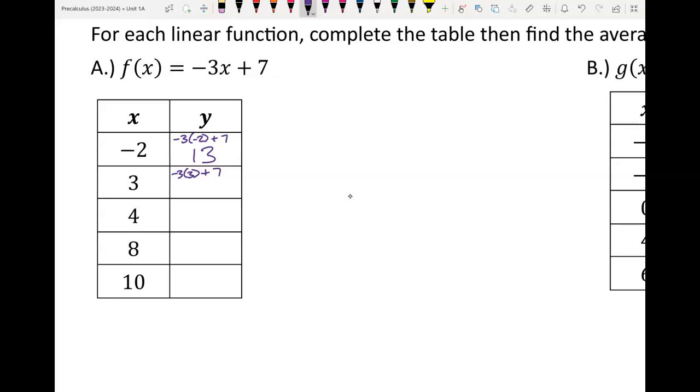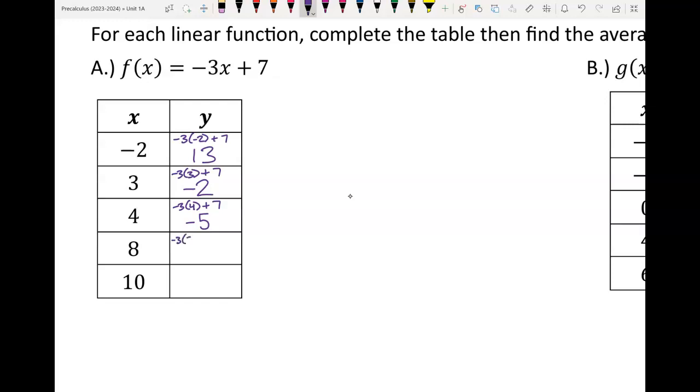Plus 7? Negative 2. All right, negative 3 times 4 plus 7. What's negative 3 times 4? Negative 12 plus 7 is? Negative 5. 12 minus 7 is 5.